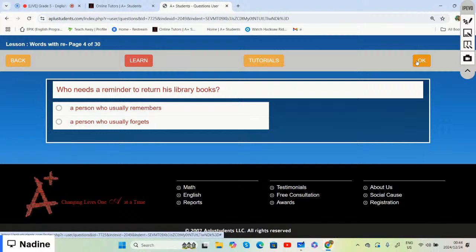Who needs a reminder to return his library books? So, the word return. Is it option one, a person who usually remembers, or a person who actually forgets?